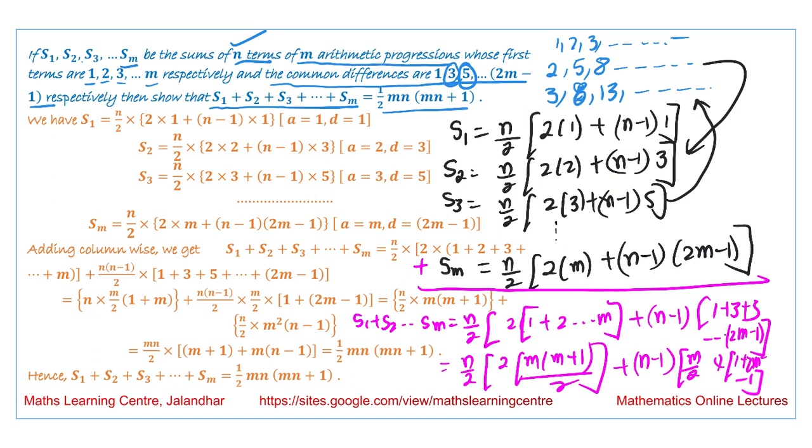So we obtain this expression, and if we simplify these terms, the final answer we obtain is 1 by 2 m n (mn plus 1).